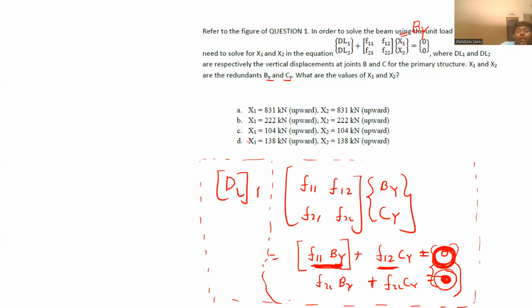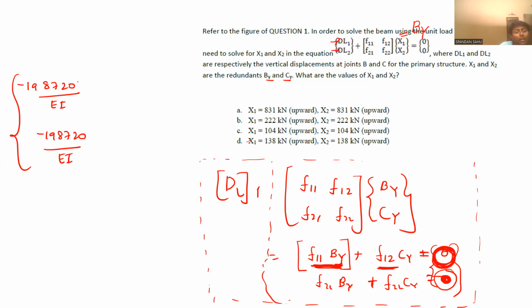Now, since we have to calculate X1 and X2, DL1 is known, DL2 is known, and this F matrix is known. So you just have to write. I am writing it here. Just check: 198720 by EI and minus 198720 by EI.